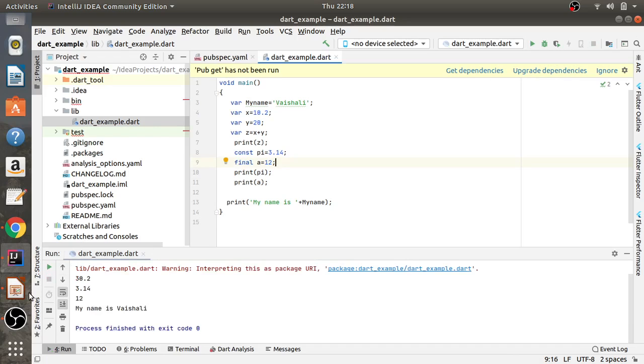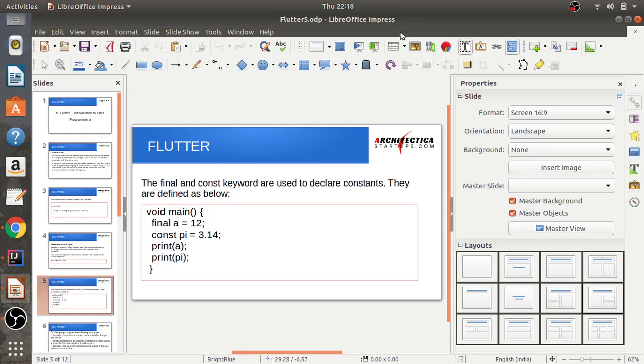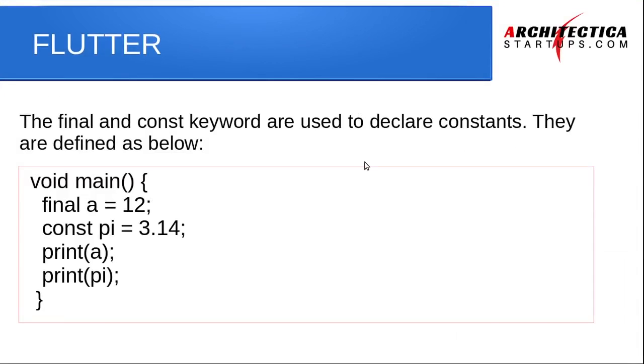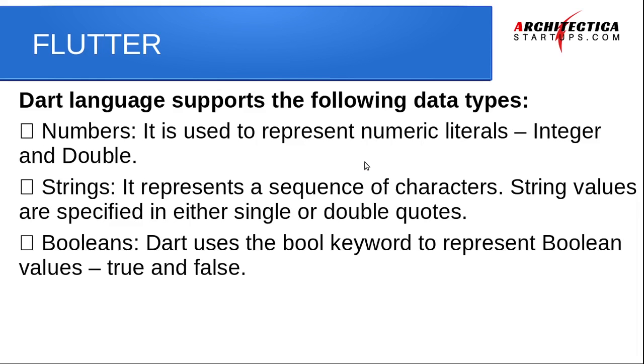I hope you all understood till this, and we'll move forward. So the language supports the following data types. Number one, number. It is used to represent numeric literals like integers and doubles.